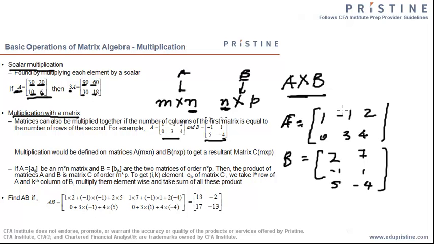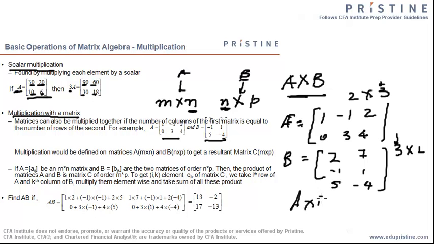So this is a 2 cross 3 matrix, and this is a 3 cross 2 matrix. So number of columns in A is equal to number of rows in B, so these can be multiplied.